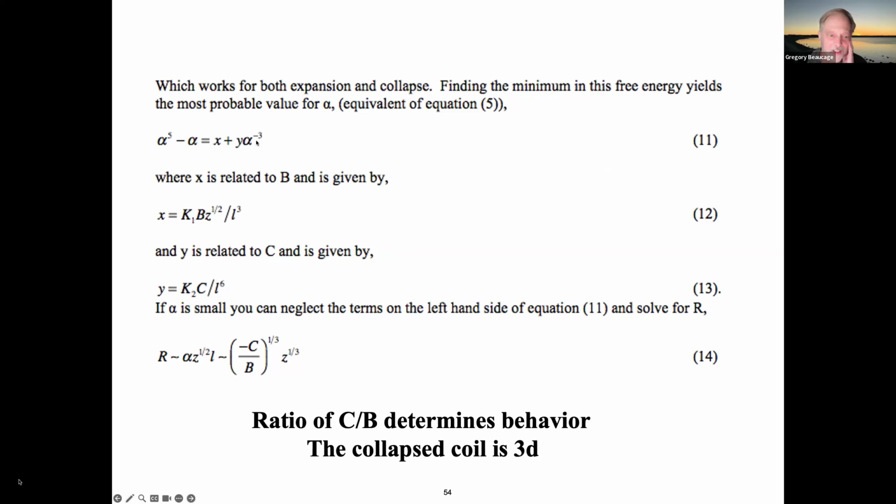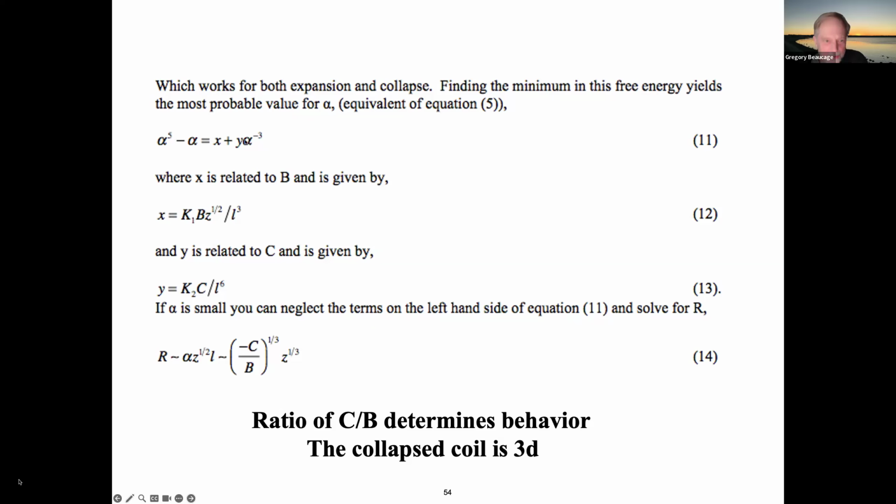Then if you go to collapse, so alpha is really small, smaller than the Gaussian state, then 1 over something small cubed is a big number, and something small to the fifth is a really small number, and something small is a small number. So you can forget about those parts and keep just this part, which simplifies everything.